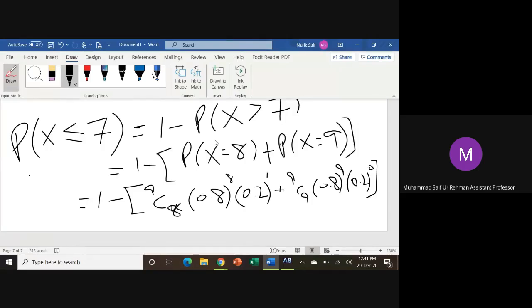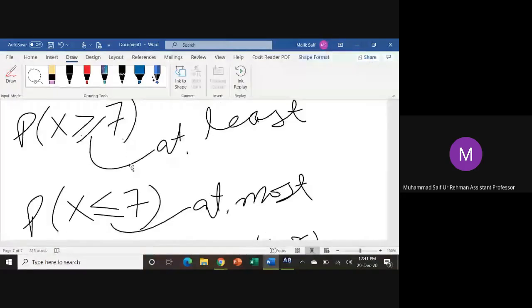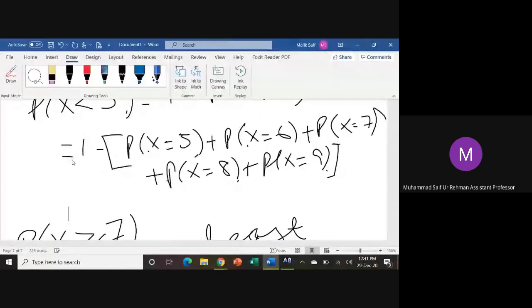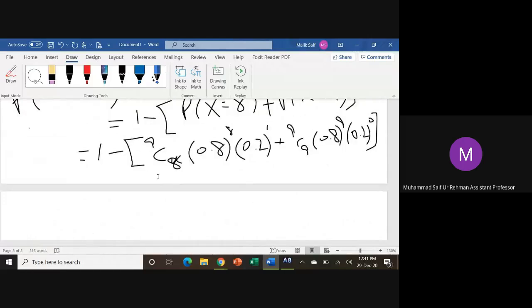What is the answer? See what is the answer. 9C8 is equal to 9. So 9 multiplied by 0.2 multiplied by 0.8 power 8. This is 9C9, 1, 0.2 power 0. 0.5638.